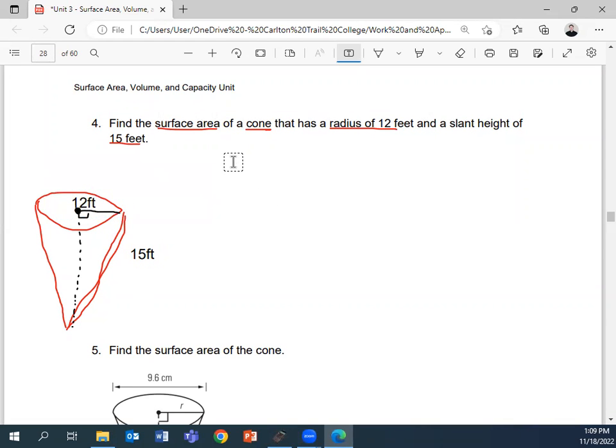So we need a third measurement here, right? Which is the pure height of it. Now, we could figure this out using something called Pythagoras' theorem. We're going to learn that later. So for now, I'm just going to give you the value, which is going to be, bear with me 1 second.